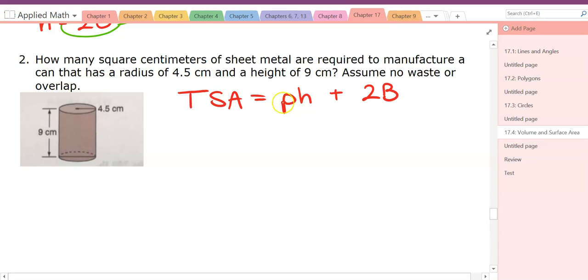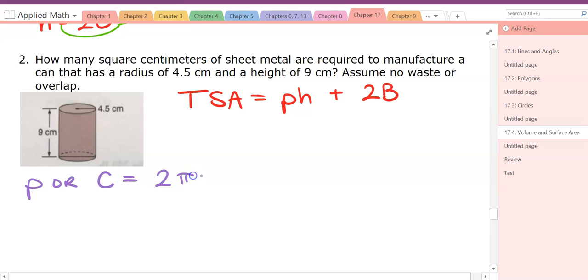All right, so let's talk about P, or in this case, circumference for a circle. Now remember, for a circle you can do pi times diameter, or you can do 2 times pi times the radius. What measurement are they giving you for the circle? Radius or diameter? Radius. That 4.5 is just the radius. So I'm going to use the 2 pi r.